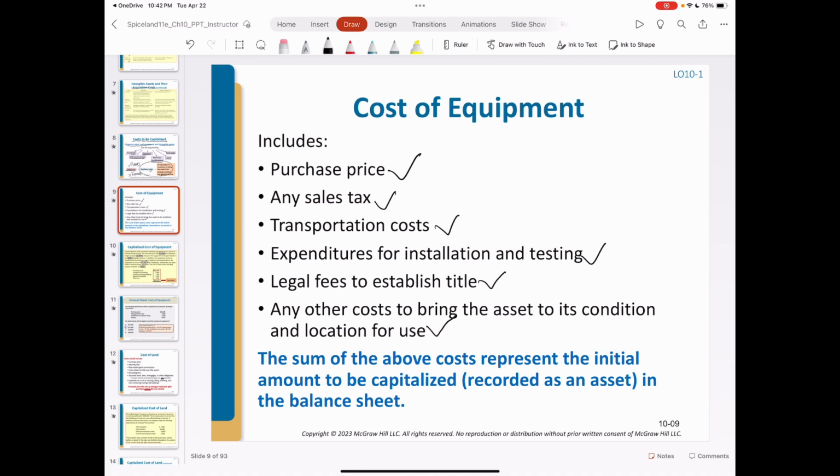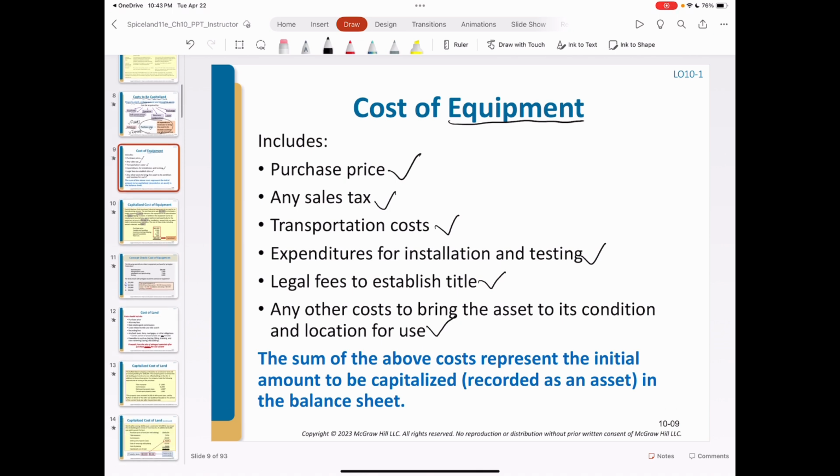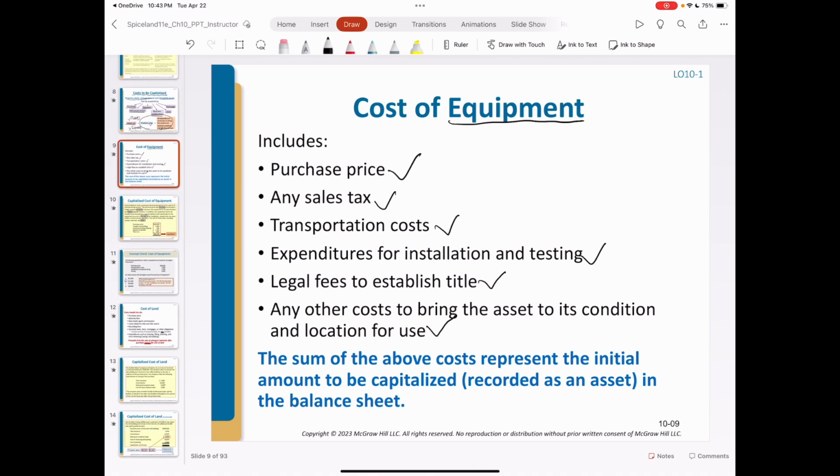The sum of these costs will be the initial book value of these assets. The total of these costs is the acquisition cost of this asset, and these assets will be reported in the balance sheet. For equipment, we will recognize depreciation in the following accounting periods, depending on the expected useful life of this equipment.